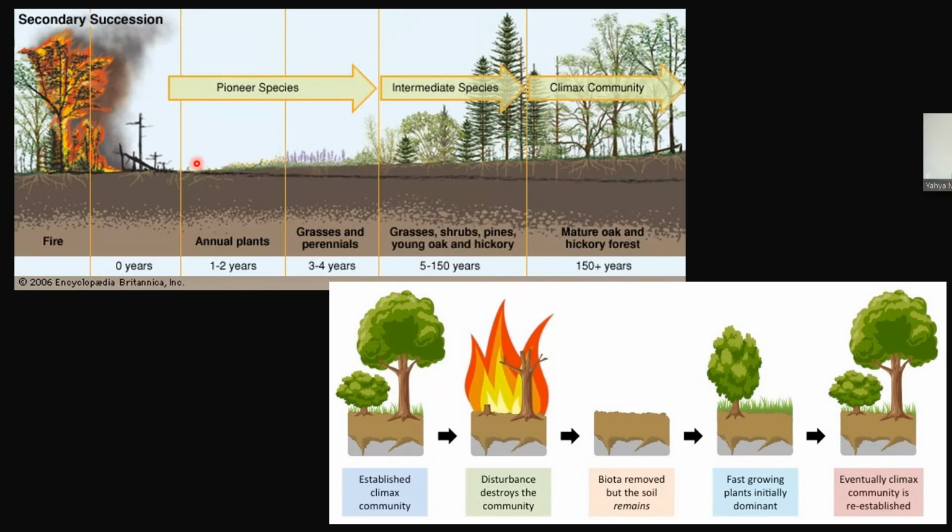It's going to take a lot less time than primary succession, because you're starting from a better place, with all the soil ready for things to grow. When an ecosystem gets destroyed, the soil remains, so it can recover more quickly than in primary succession, where you have to start from scratch.